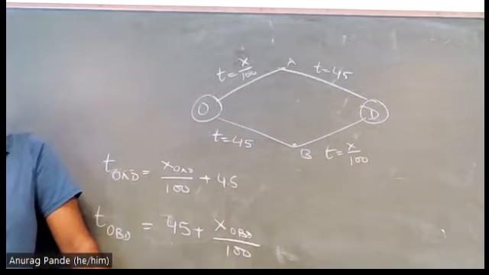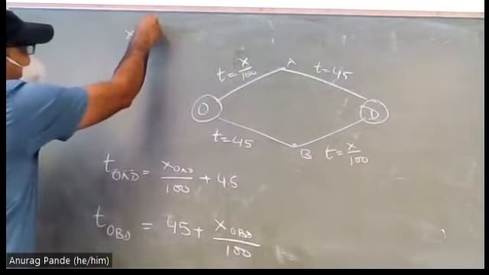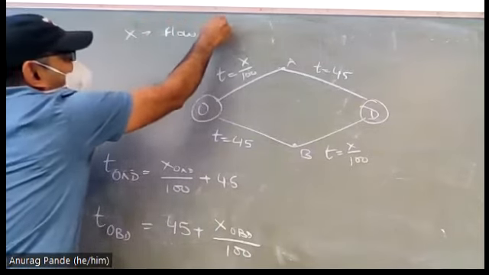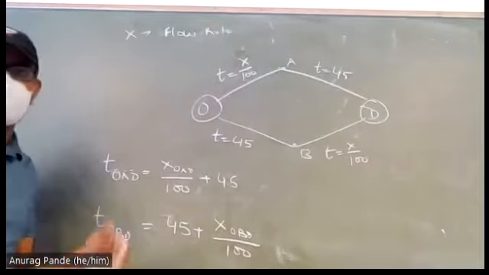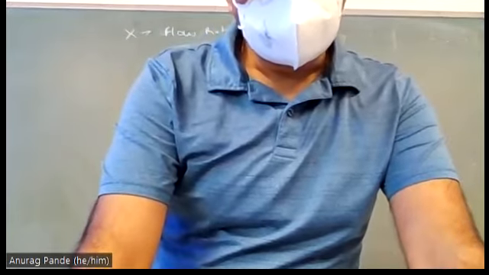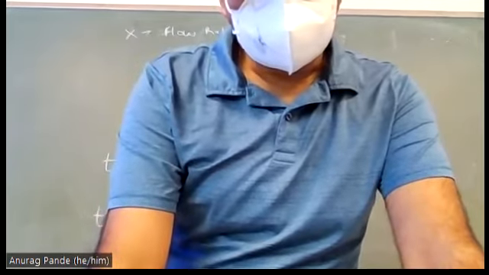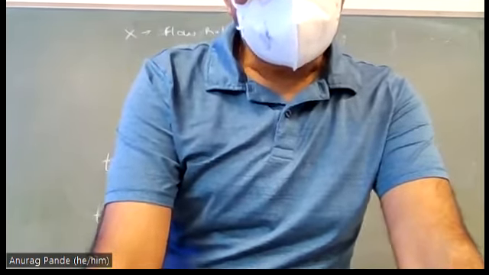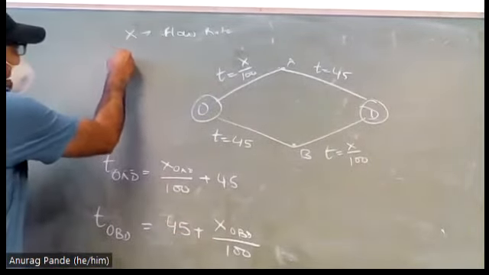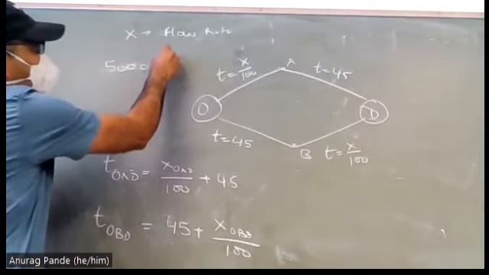You can probably think of what happens in this network if x is the number of, or flow rate, the direct flow rate. So let's start with some certain demand level. Let's start with 5,000 vehicles per hour.